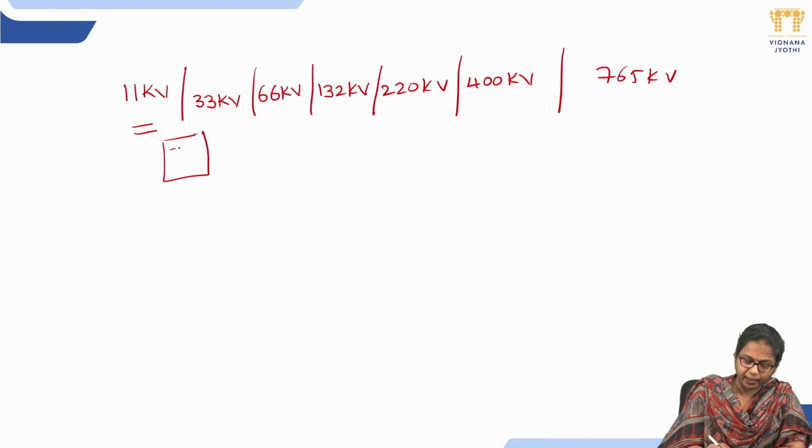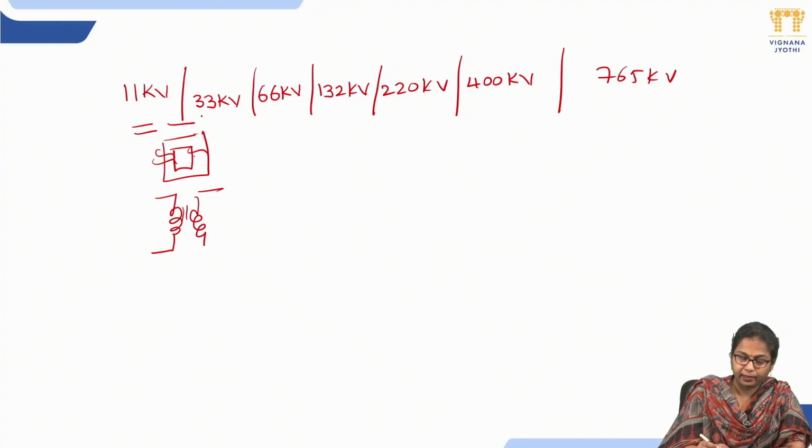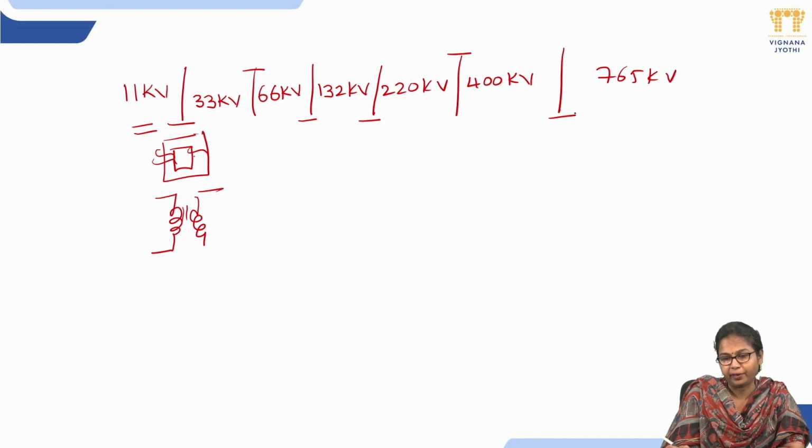Everywhere the transformer will be stepping up. In electrical representation, 11 kV to 33 kV, 33 kV to 66 kV, 66 kV to 132 kV, 132 kV to 220 kV, 220 kV to 400 kV, 400 kV to 765 kV. The transformer is being stepped up at every intermediate point, and all this will be happening only in the substations.